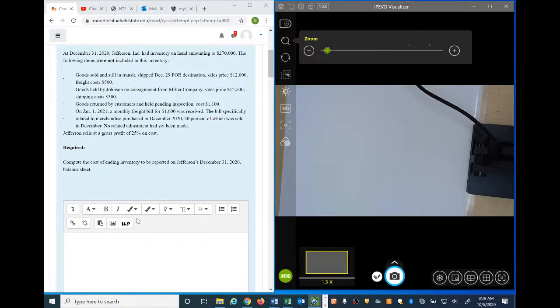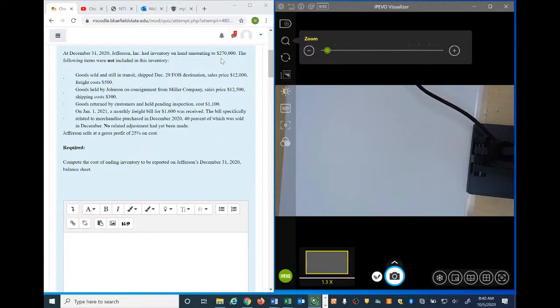So what they want us to do is compute the cost of ending inventory to be reported on Jefferson's December 31st, 2020 balance sheet, okay? It's saying here that at December 31st, 2020, they had inventory on hand amounting to $270,000. Of this $270,000, the following items were not included in this inventory. So pretty much what it's asking is, should we add this or just leave it out?